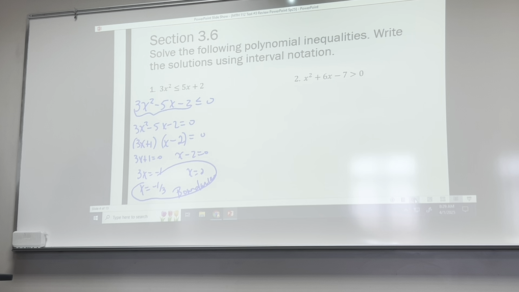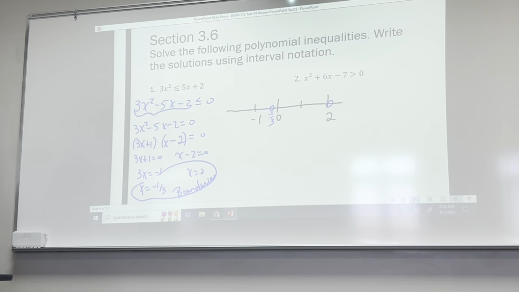As a suggestion, I said locate the boundaries on the number line, because we're not worried about the graph, we're solving an inequality. If here's 0, if here's -1, if here's +2, if I locate those boundaries on a number line, maybe -1/3 is about here, and then +2 is here.